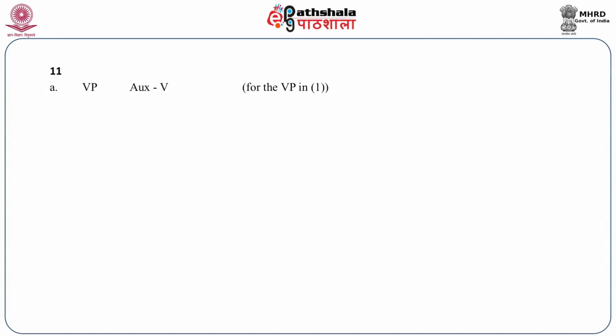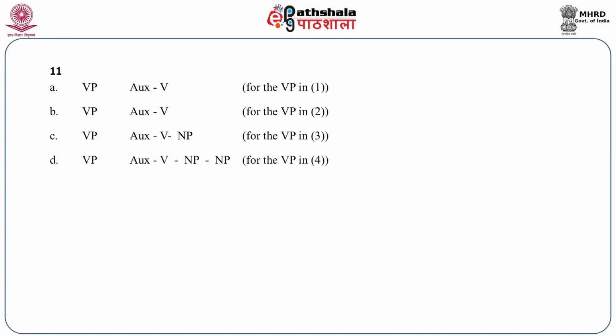Now look at the rules that we have formulated for these sentences. In sentence 1, we had only auxiliary and a verb, and therefore the rule is 11A, where VP goes into auxiliary and V. In the second one also we had the tense and then the verb, and therefore we have 11B as the rule, where VP again goes to aux and V. However, in 11C we have VP which goes to aux, V and a noun phrase.